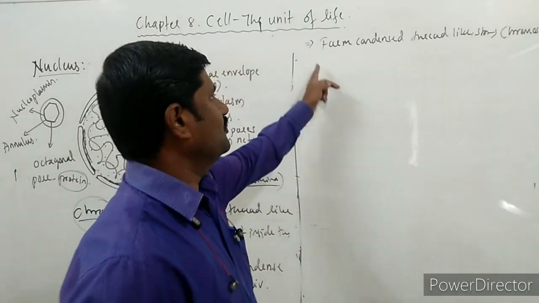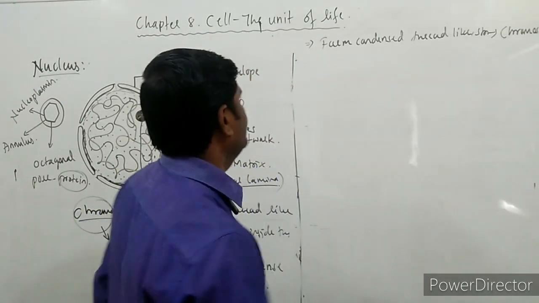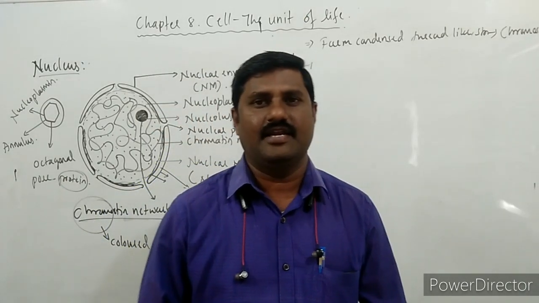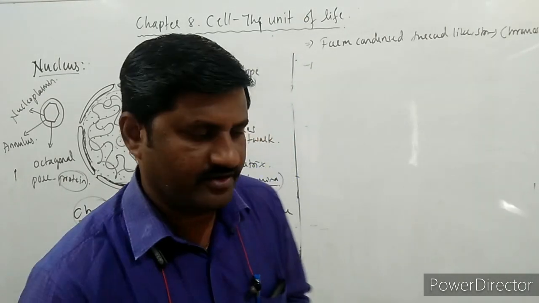So it forms chromosomes. They are called vehicles of heredity, which we have seen in the last classes, so it is not a matter here.